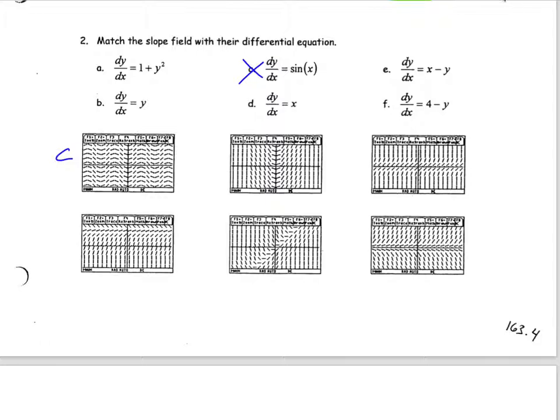The slope field is going to look like the function above the derivative. Okay? Because if we think about sine, what do you guys remember about the graph of sine? You should remember the difference between the graph of sine and the graph of cosine. Sine starts at the origin, and cosine starts at the amplitude.